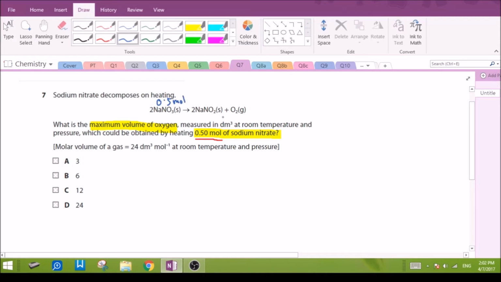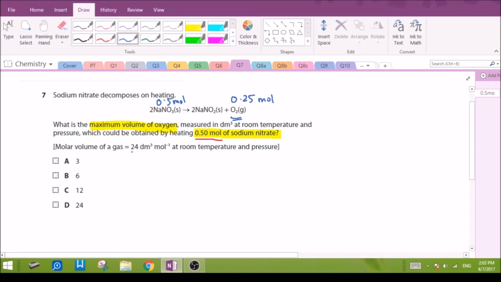We are interested in the oxygen, so let's check the ratio. For every 2 moles of sodium nitrate, we have 1 mole of oxygen. So for 0.5, we will produce 0.5 divided by 2, 0.25 moles of oxygen.